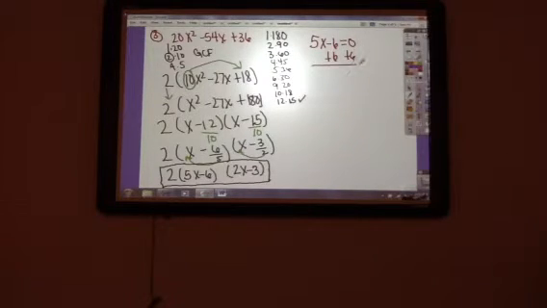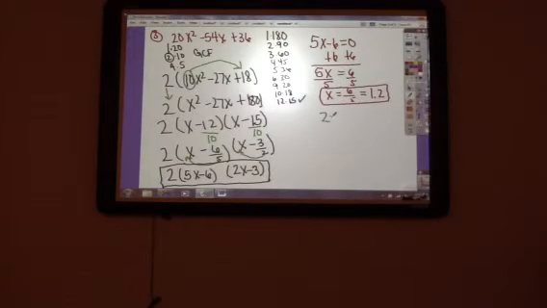So add 6 to both sides of 5x minus 6 equals 0. You have 5 times x equals 6. Divide by 5 on both sides, and we get x equals 6 over 5, or, as a decimal, that is 1.2. So that is one of our x-intercepts, or one of our solutions.